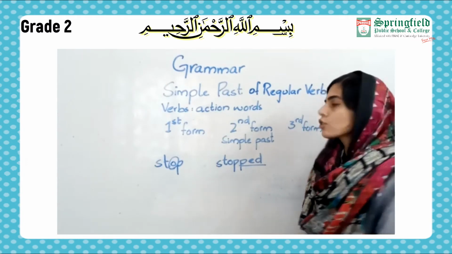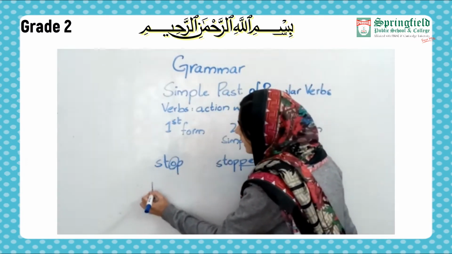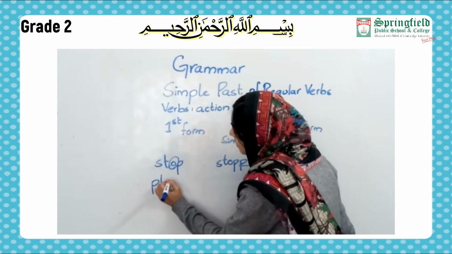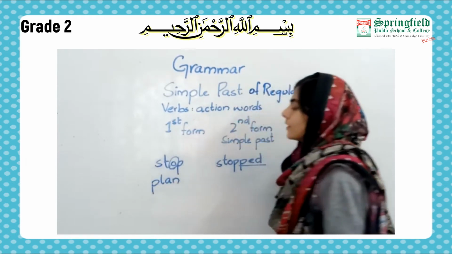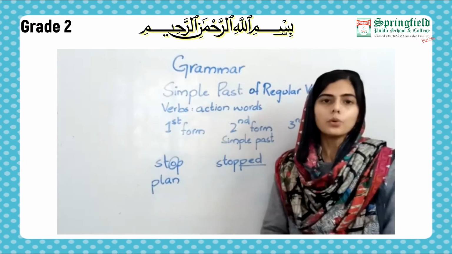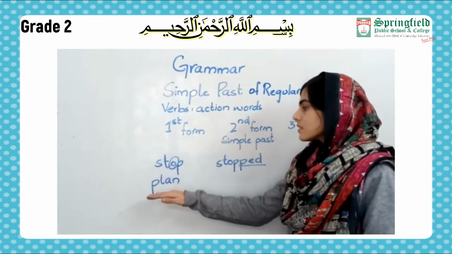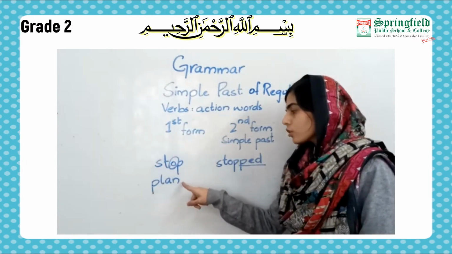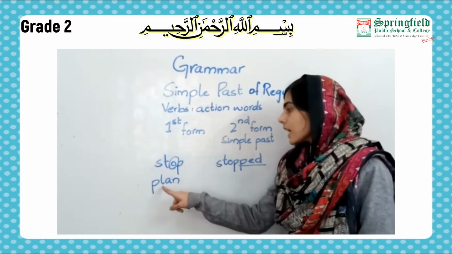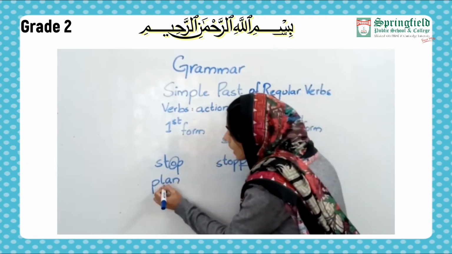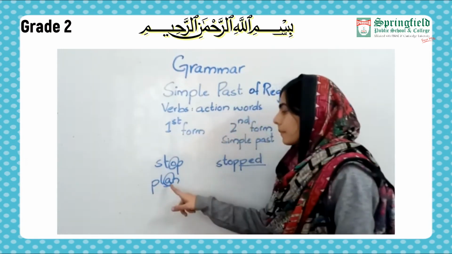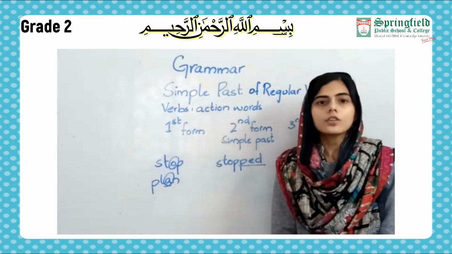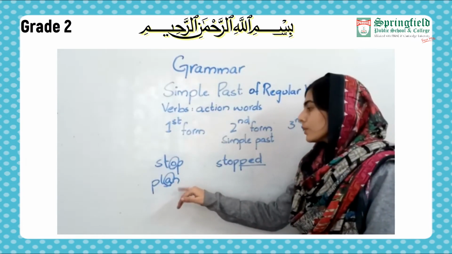In order to make your concept clear, let's take another example. Plan. Now, let's revise our rule. This is a word that's ending on a consonant and the second last letter is a vowel, as you can see. Now, as I told you about the rule, what are we going to do?